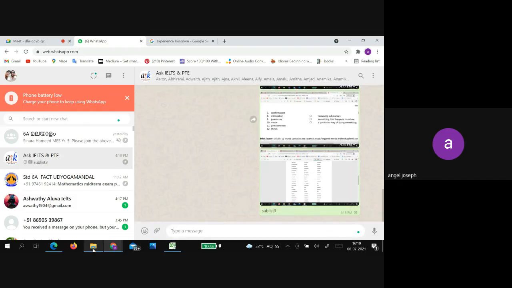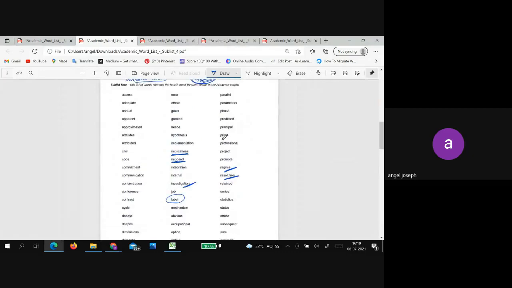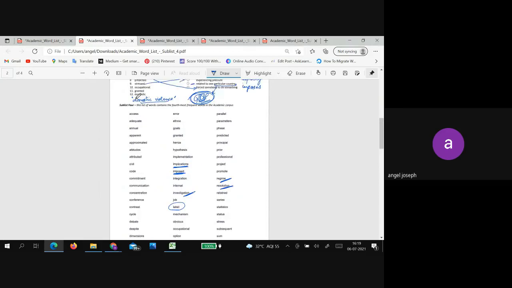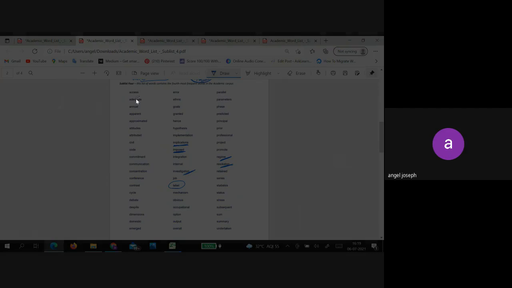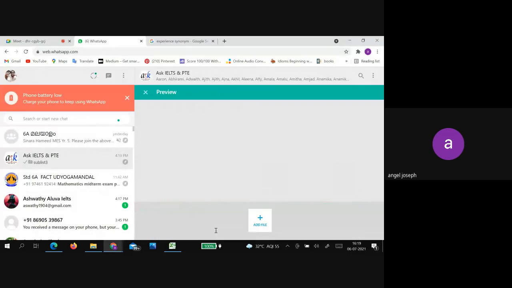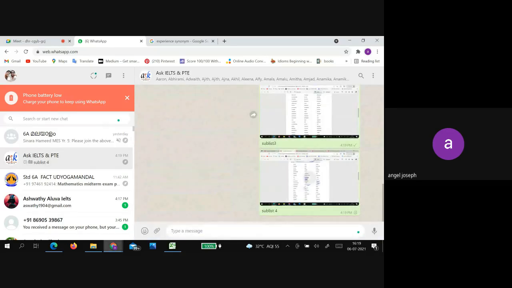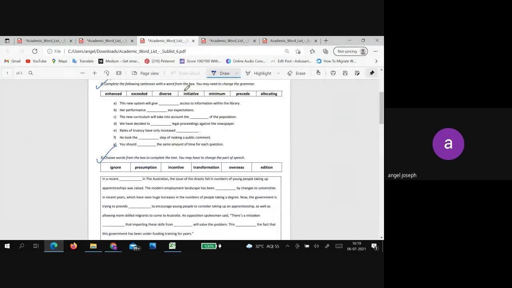Next is sublist 4. We discussed 4 a bit. Great. One minute. Yes, this is your sublist 4 here. Sublist 4 and 2, and I've got sublist 5 and 6. This is 5. No, this is 6.